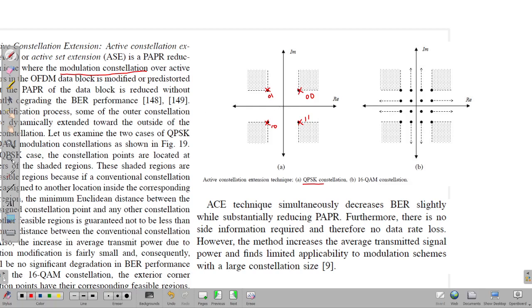So this has a particular phase, let this be theta. This is the phase value.